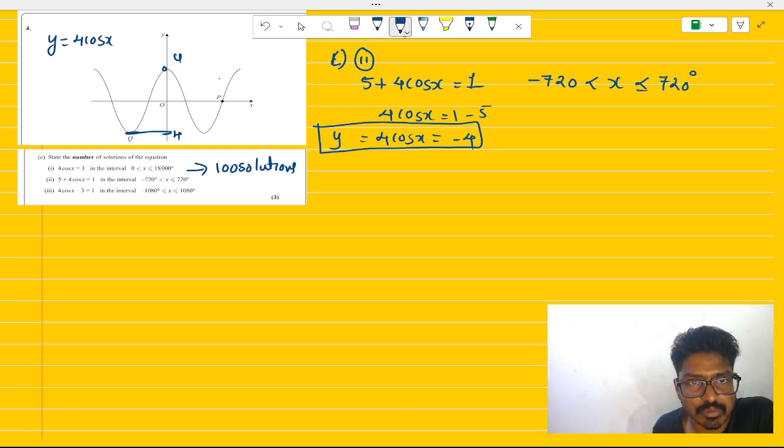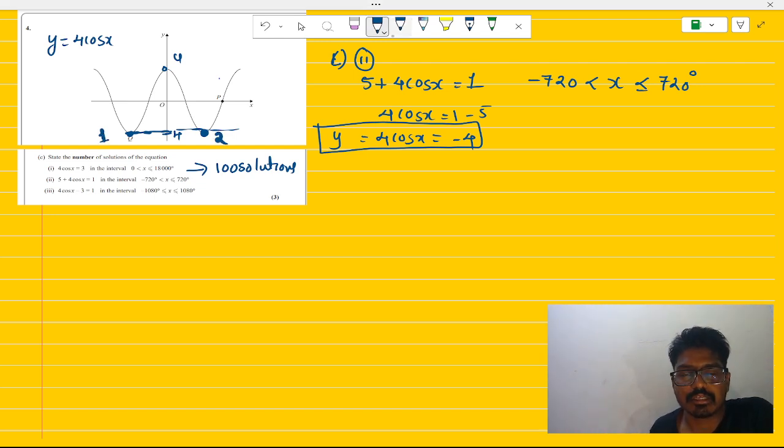For the negative 4, how many points does it touch? We just have to extend this line, so you can see it touches point number 1, and 2. So therefore we can say it is touching at 2 points for 360, right? Now we will extend this further.